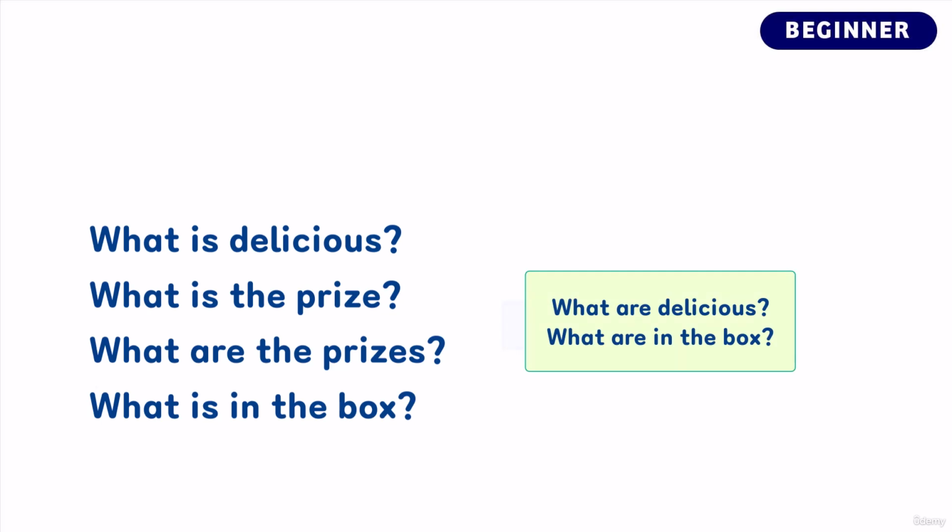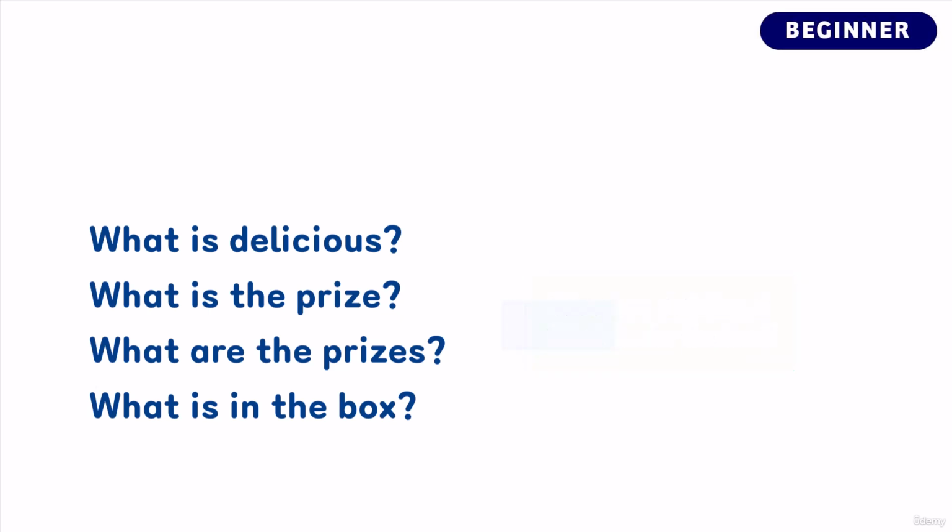So we can say, what are delicious and what are in the box. However, these question forms are less common. Lastly, we can also use am if the subject is I. So we can say, what am I? But again, this type of question is less common.